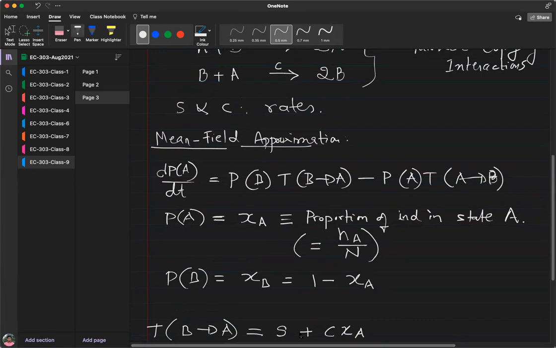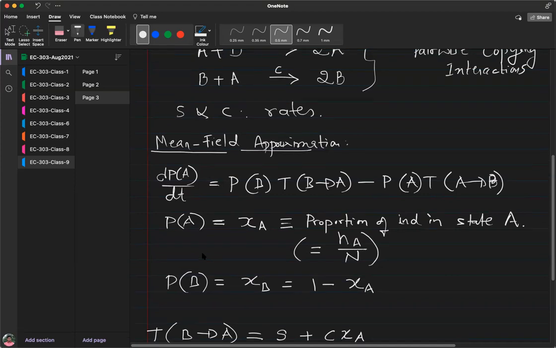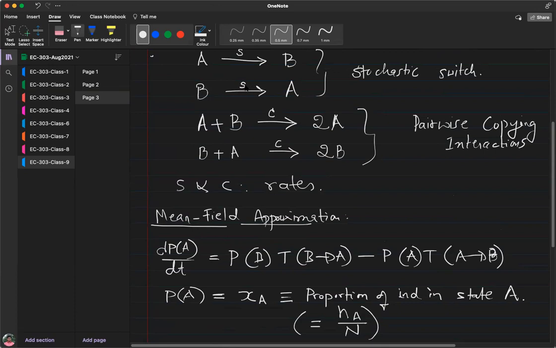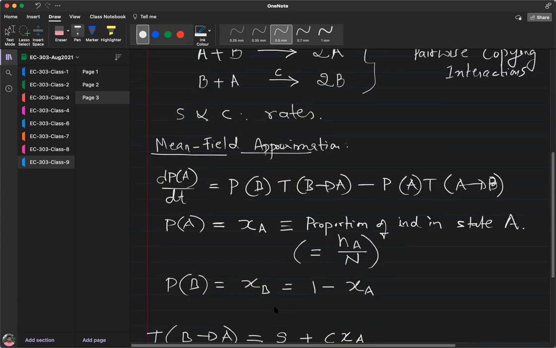The only thing to keep in mind is how we write this: you are already in state B. Now see what it takes to change. If you're already in state B, the rate for the stochastic switch is S, so there are no other multiplicative factors.